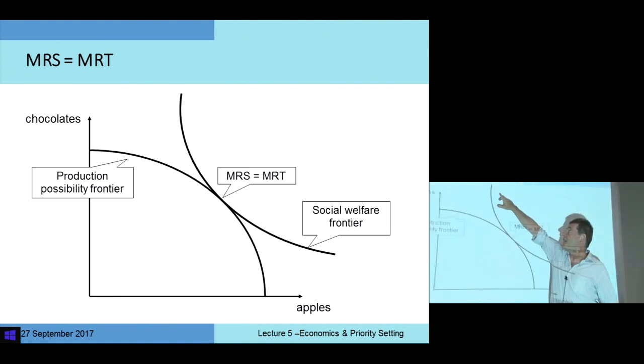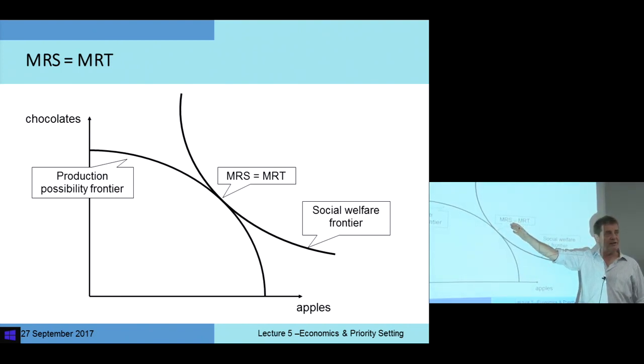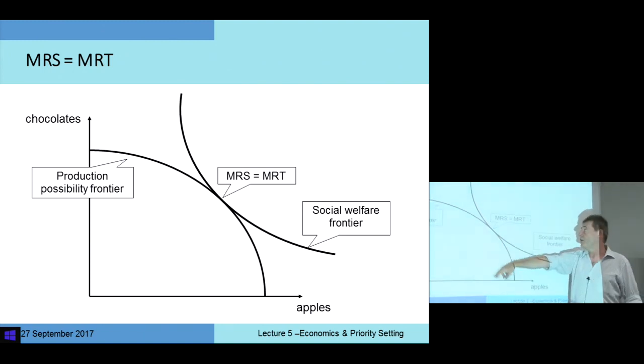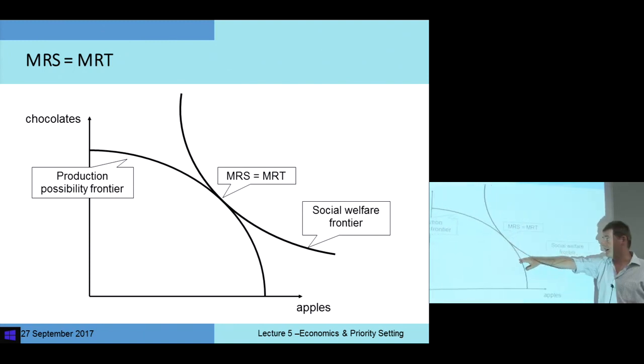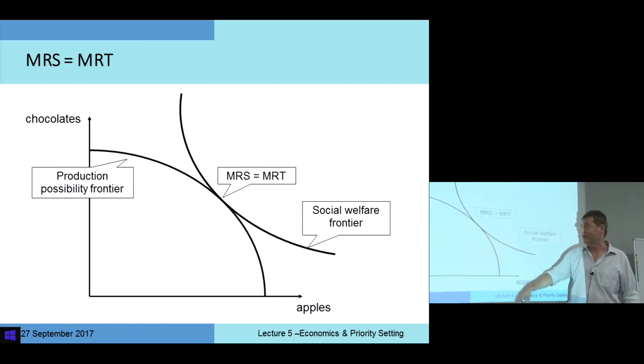If you imagine the next one up, it's outside of our production possibilities. We can't get there. You can imagine ones down here. Well, we can achieve that, but why do that? Why not do more? Why not achieve something better for our society?